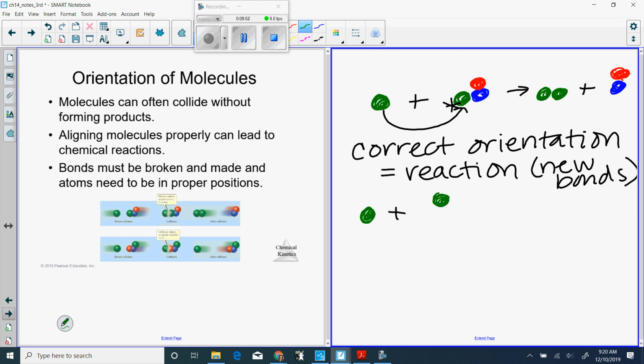Green, blue, red. And instead of colliding with green, it collides with red instead. Nothing's going to happen. It's going to bounce back. No reaction.